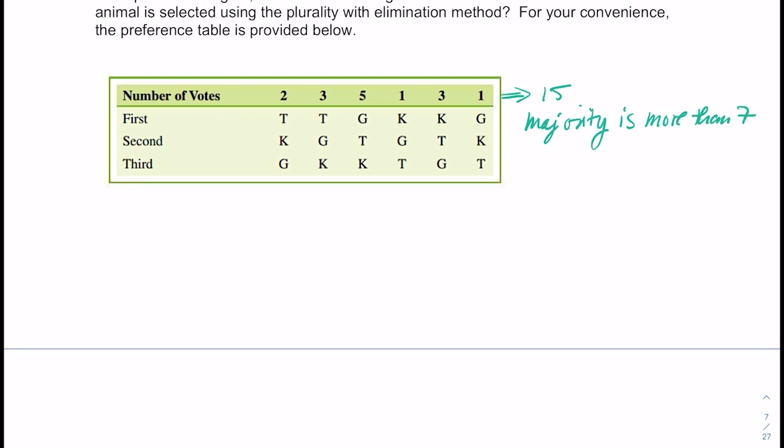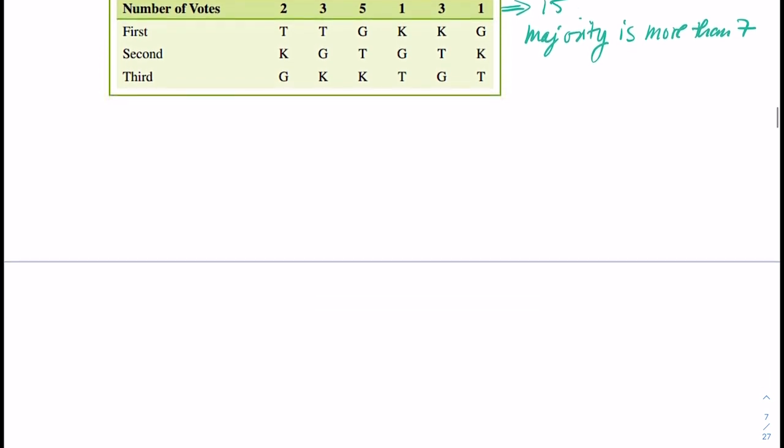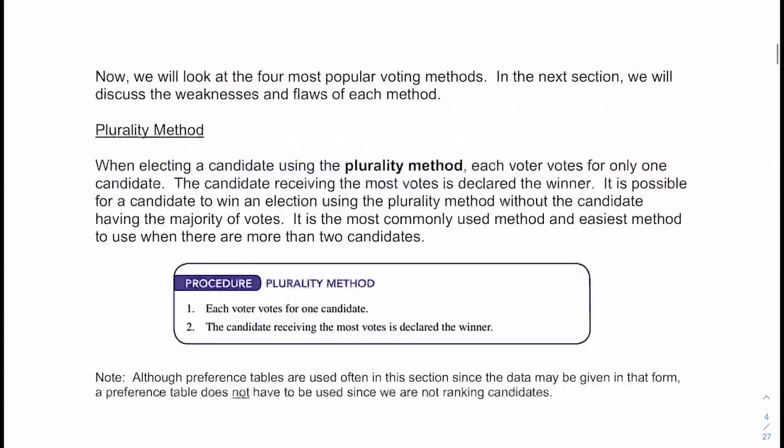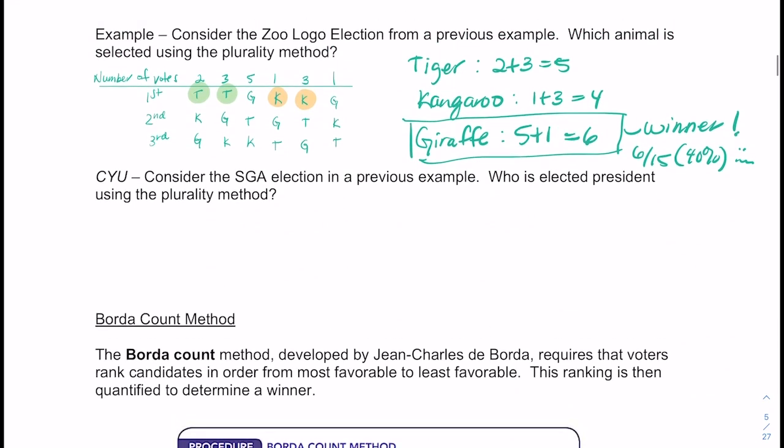All right, so we're going to hold our first round of voting here. In the first round, we're going to count the number of first place votes. We actually already have that from when we did the plurality method, so we're basically copying this down below.